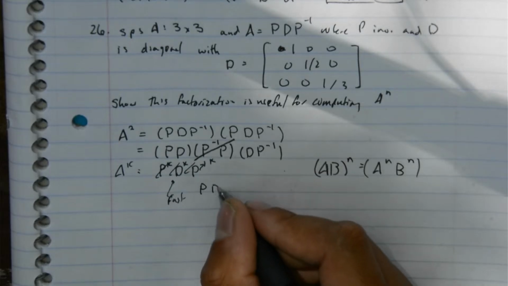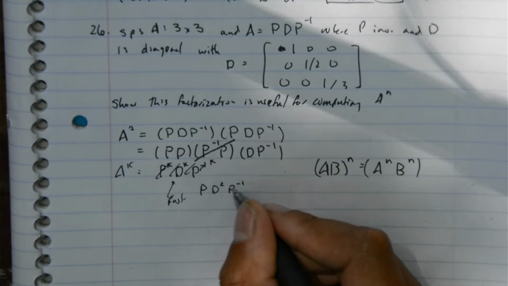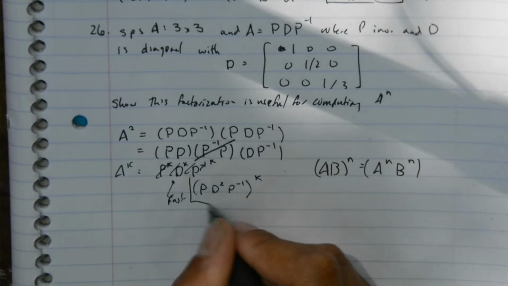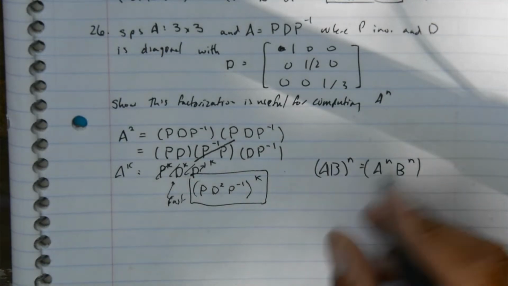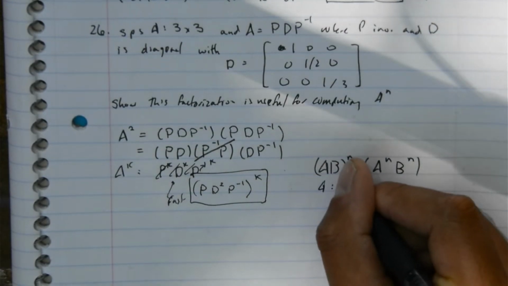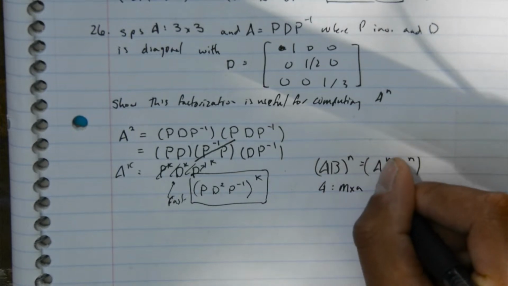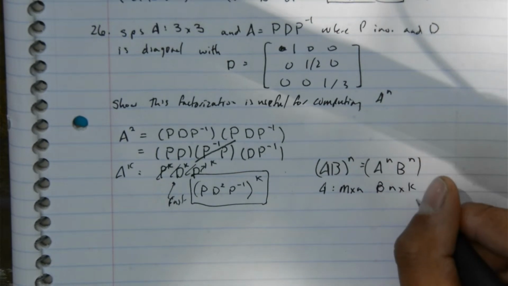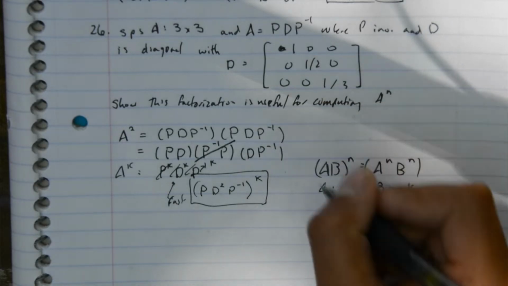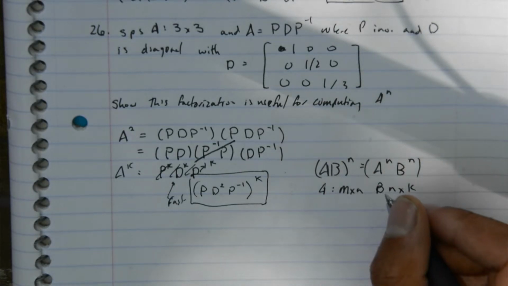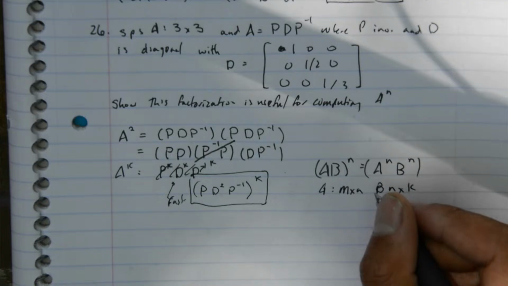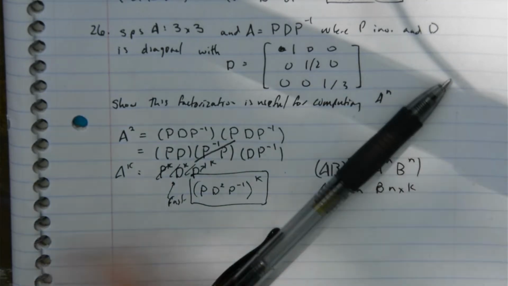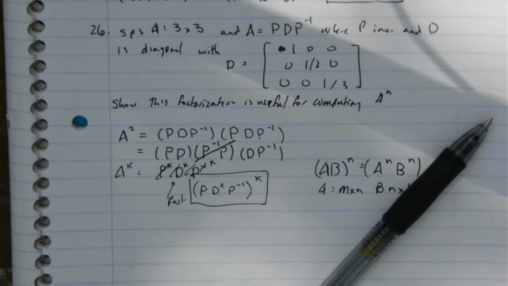Oh, it's going to be P D squared P inverse to the k. I think that this is the formula. I don't think so, because the thing is, imagine that A is m by n and B is n by k. Well, first off, this power is not going to work. But even if it's n by n, I don't think that matrix power works.